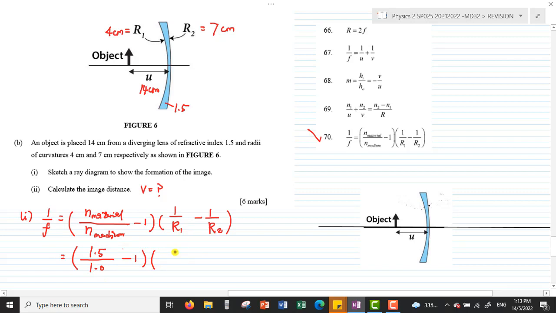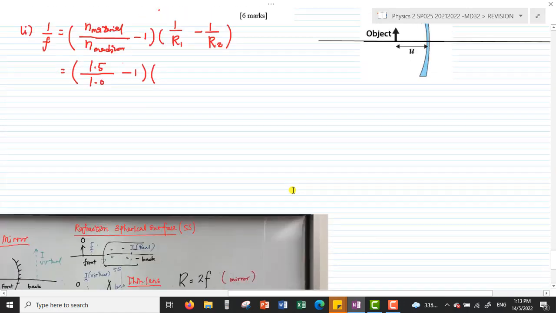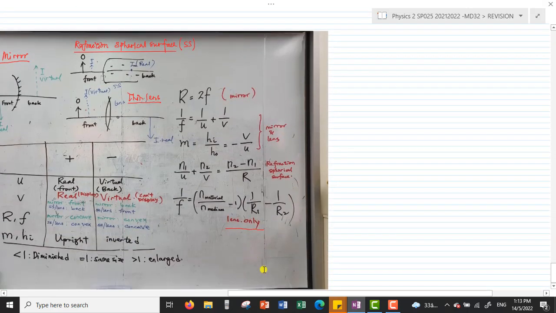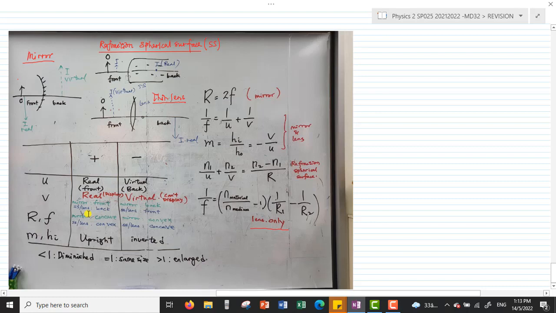Then I'm going to put in R1 and R2, but in order to substitute R1 and R2, we have to include the sign conventions. If we refer to the sign conventions for a thin lens, R and f are positive for a convex surface, and for a concave surface, R and f are negative.